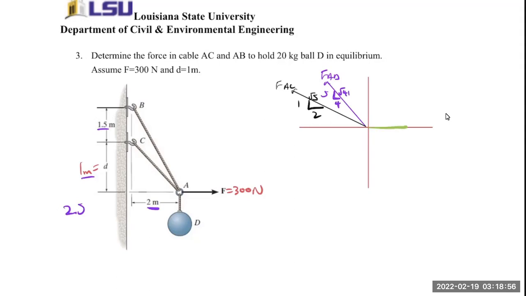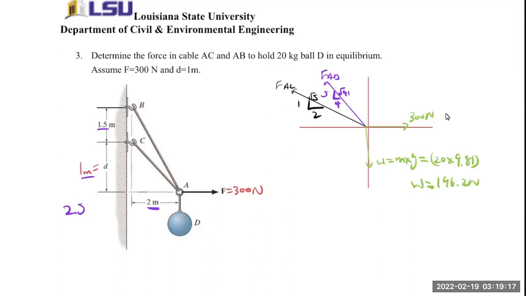Then I have my force 300 newtons here, and then my weight. So my weight is equal to the mass multiplied by the gravity, which is 20 kilograms multiplied by the gravity constant 9.81. I get weight is equal to 196.2 newtons.